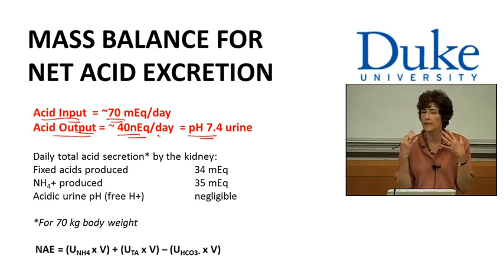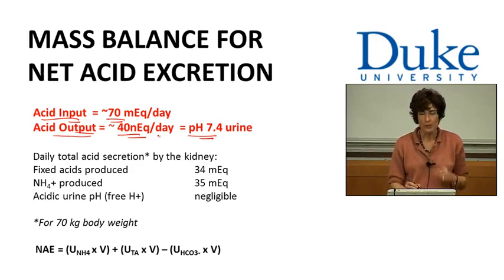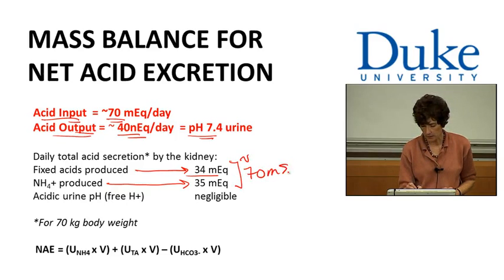So we're putting out very, very small amounts of free protons. What we are putting out in addition to that is fixed acids, to the amount of 34 milliequivalents per day, and the amount of the ammonium ions, and that's about 35 milliequivalents per day. And as you notice, this adds up to approximately 70 milliequivalents per day.